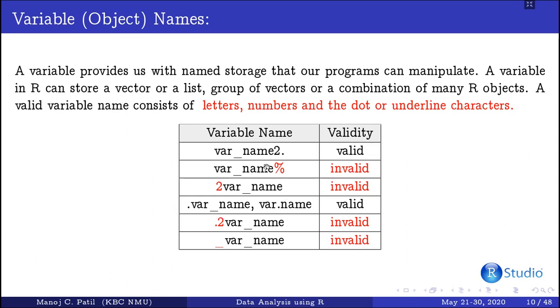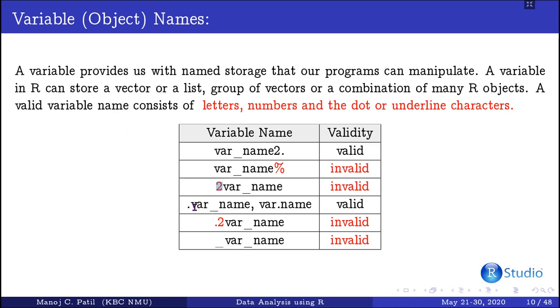Let's see some examples. A variable with underscore, that is the underline character, name, and the number 2 and the dot, is a valid name. Here you can observe that they have used the percentage sign, so it is not a valid variable name. You can use a number in the variable name but cannot start with a number, so it is invalid.